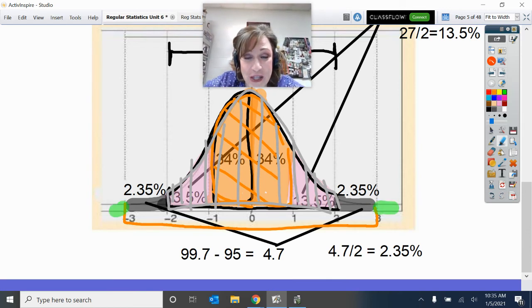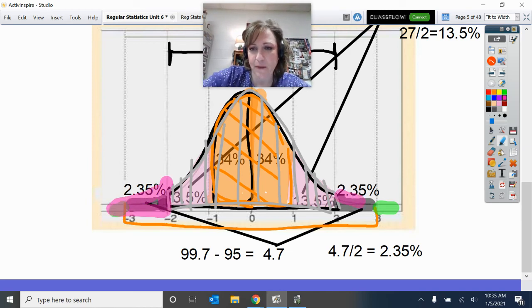So what's interesting is there's still some data left in the very extreme outside edges that goes out past 3 standard deviations. Okay. Well, how much is that? There's a couple ways you can think about it. One way is, okay, this has got to be 2.5% because there's 95% in the middle.